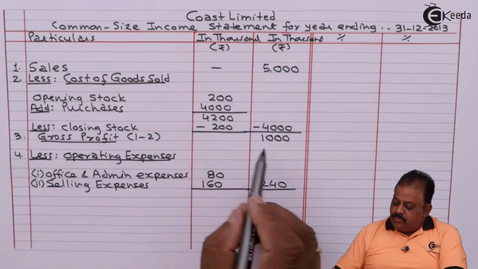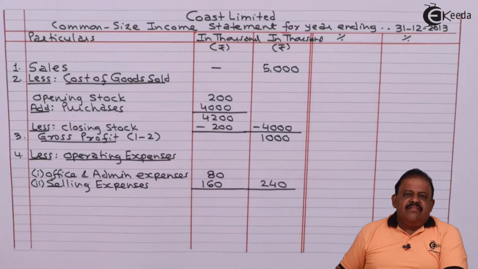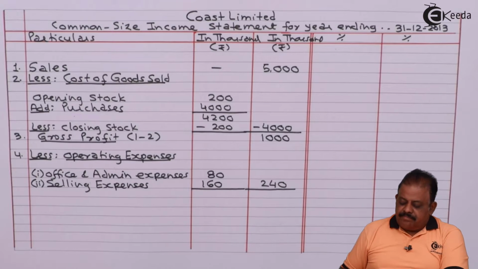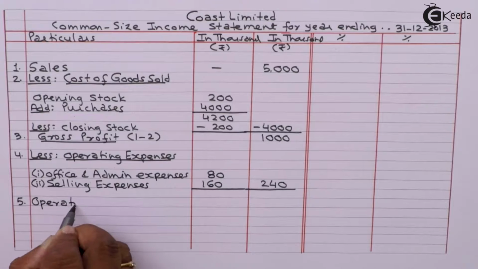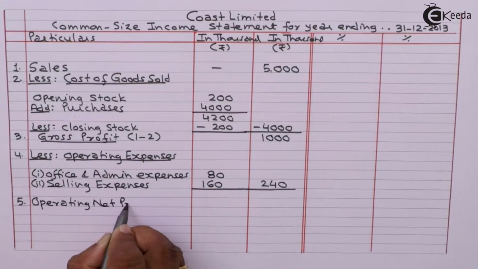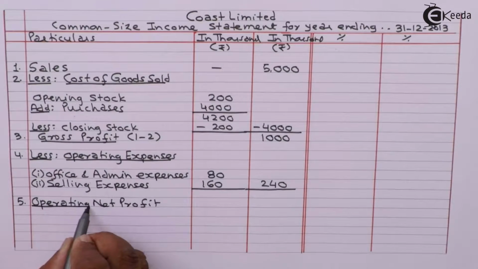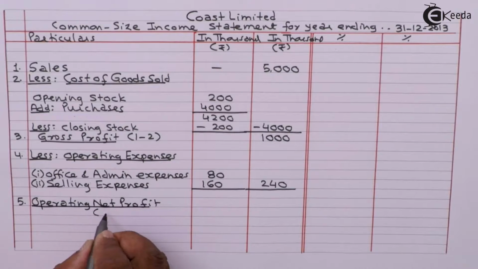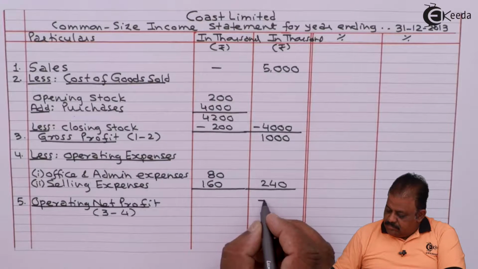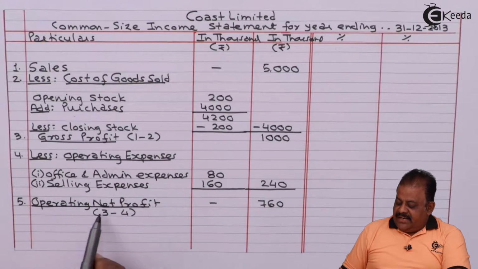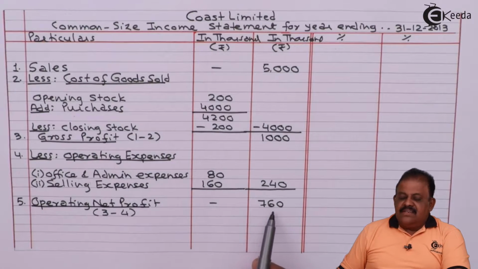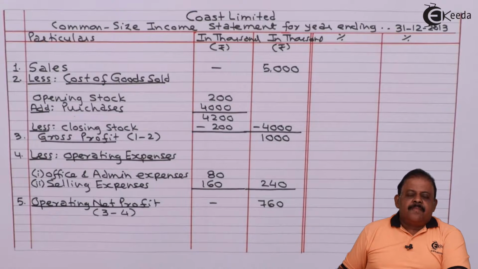This will be deducted from gross profit to arrive at operating profit. Operating net profit 760. To this we will be adding non-operating income.